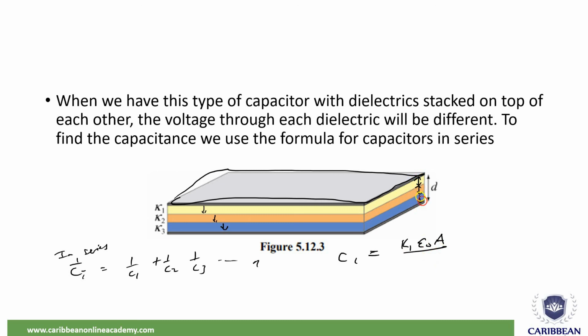If each dielectric has the same thickness and you have 3 different dielectrics, then your distance is now going to be D divided by 3. So all of this right here would tell us the capacitance of C1. You would have to work that out individually, then do it for C2, then do it for C3. Then you sum up all of these and find the total capacitance.